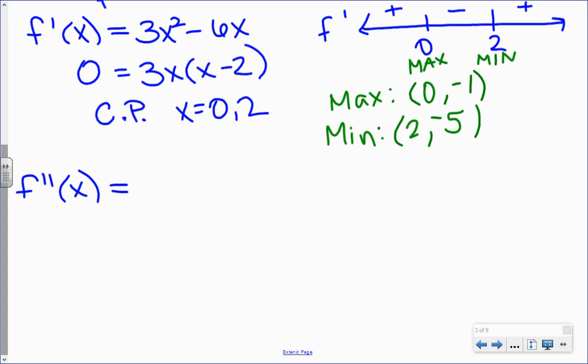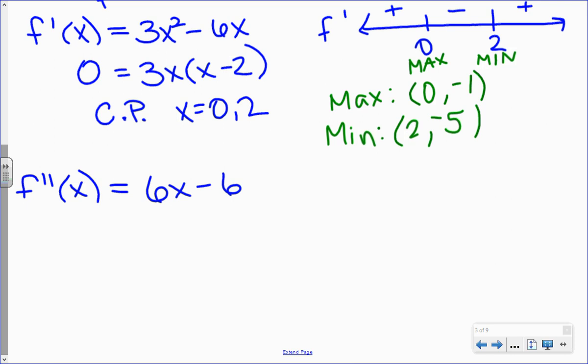We can either do the product rule or we can do the power rule. What are we going to do? The power rule. In this problem, it is going to be to our benefit to go way back up here to this first derivative and take the second derivative. 6x minus 6. There could be times where you need the simplified version.